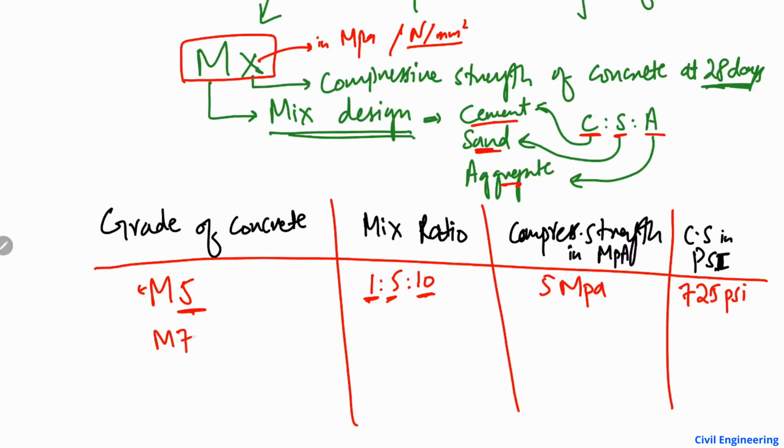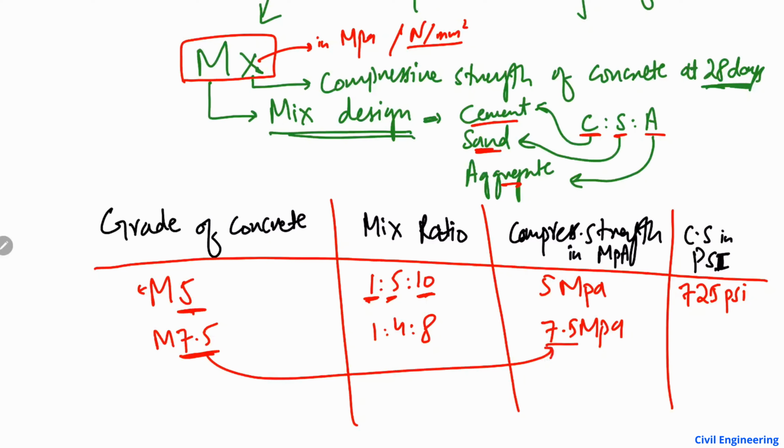Similarly with M7.5, the mixture ratio is 1:4:8, and the strength is 7.5 megapascal, again because this value is always the strength in megapascal, but in psi this value is 1087 if you convert it. For M15, the ratio is 1:3:6, sorry, 1:2:4 is for M15, and the strength is this value, 15 megapascal.